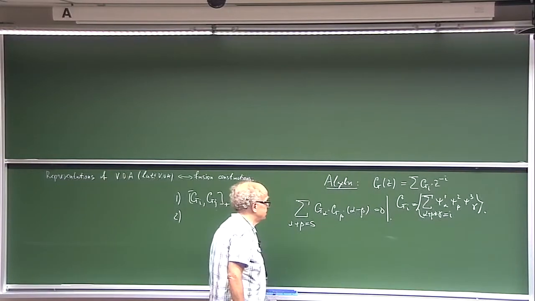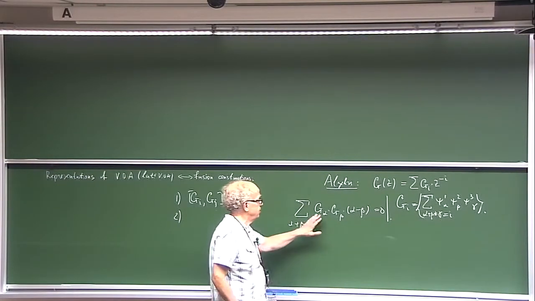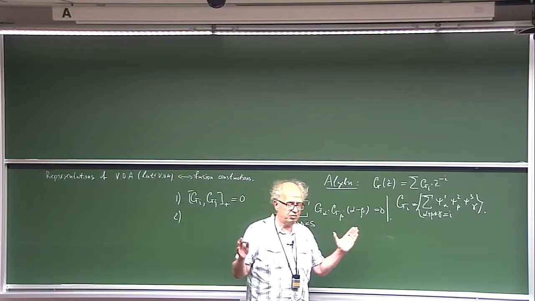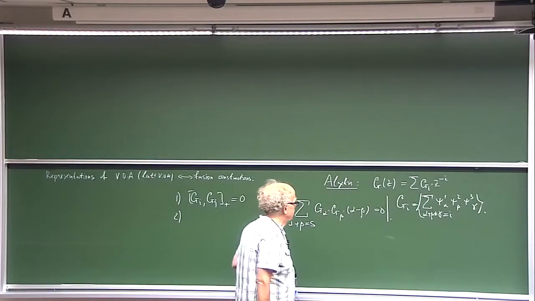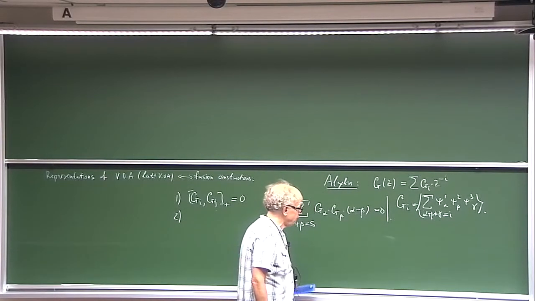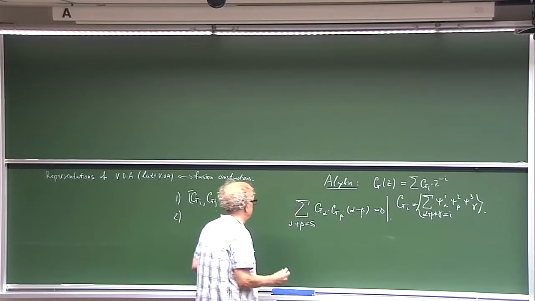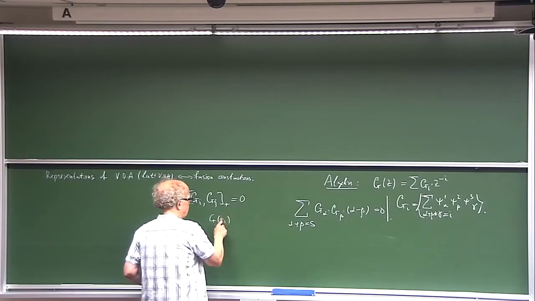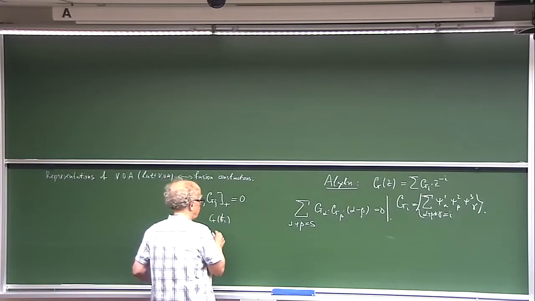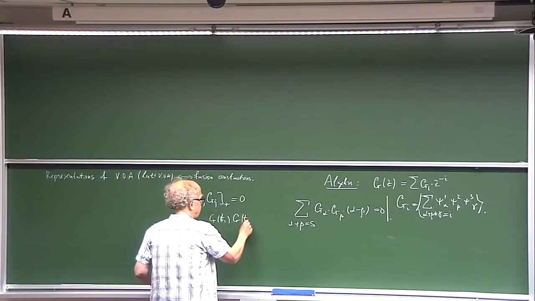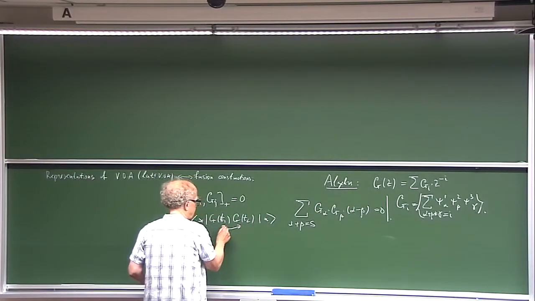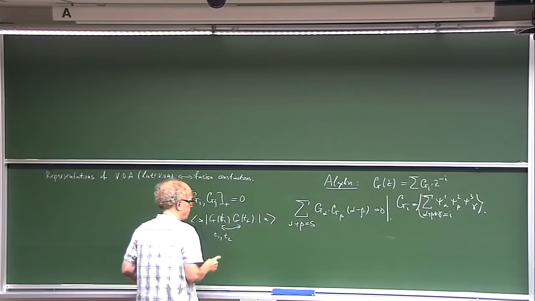We also discussed several times the condition that if we have this, then the correlation function or matrix element of the corresponding operators satisfies some condition. The condition is that the correlation function of G(t1) and G(t2), in my usual notation, and any matrix element like this, is skew-symmetric in t1 and t2, and it's more than that.